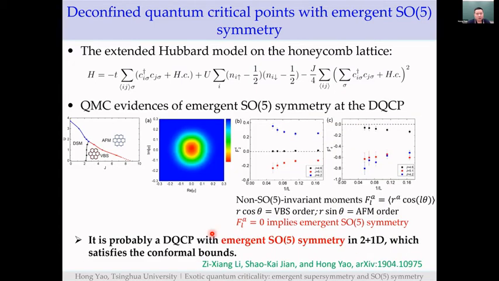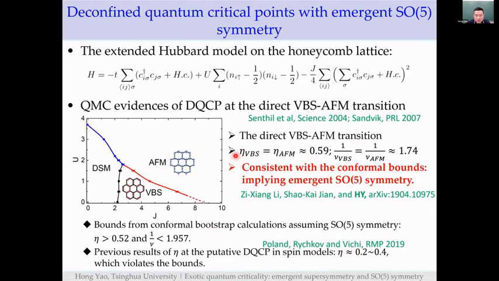For this model, we found that the anomalous dimension, for instance when U equals 1, so we just change J, the anomalous dimension we obtained is 0.5 or so, which is consistent with the bound obtained from the conformal bootstrap.